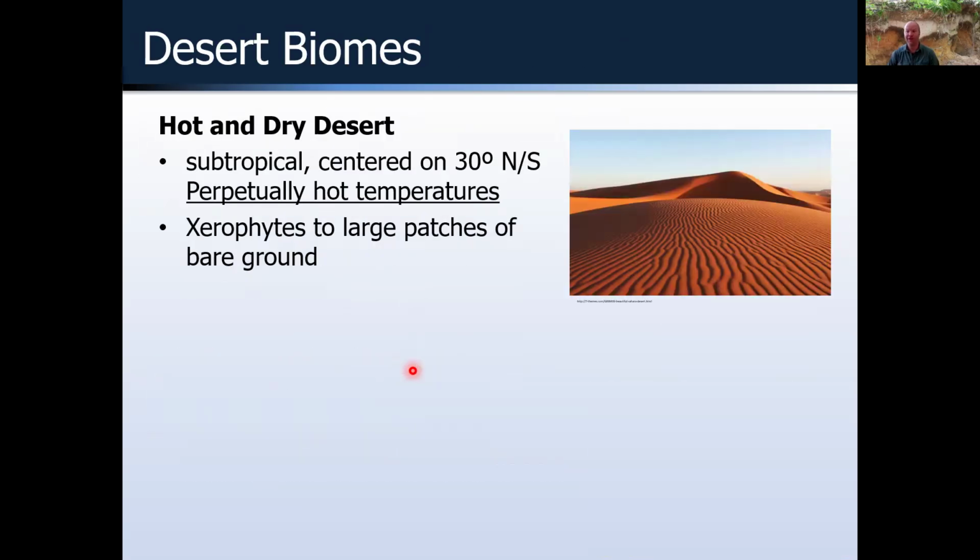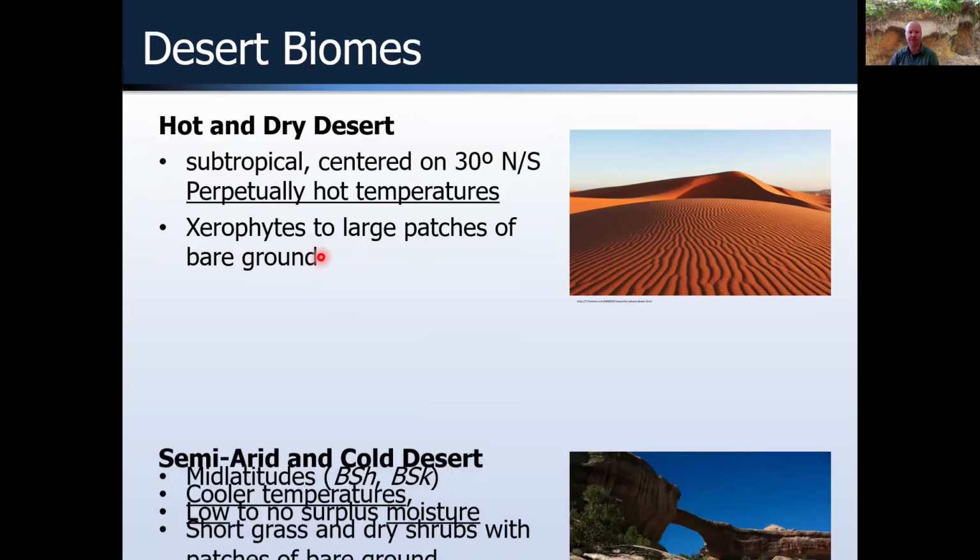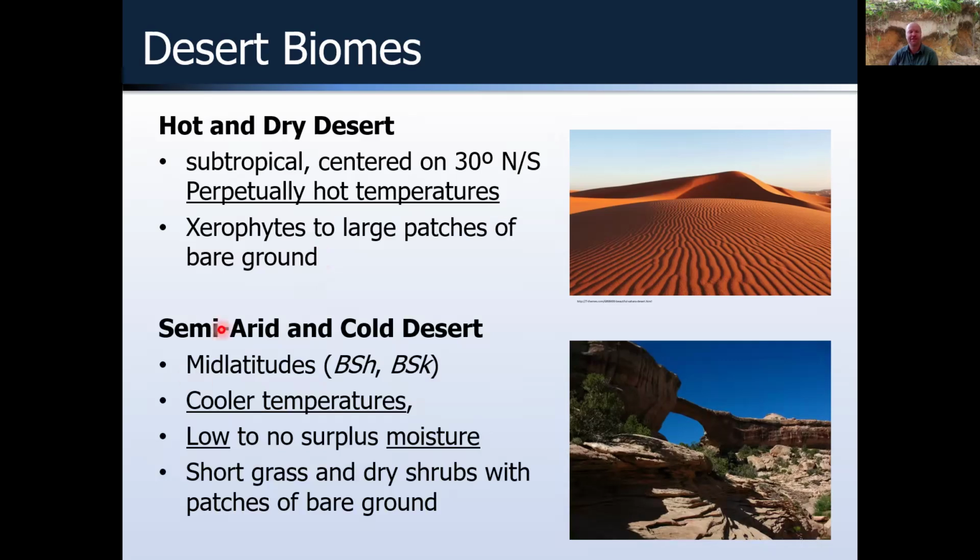plant growth. Whereas somewhere like a hot and dry desert has very little vegetation, and they have these unique adaptations the vegetation does to conserve water for incredibly long periods of time because there's hardly any of it. And so hot and dry deserts have perpetually hot temperatures, and they have unique vegetation known as xerophytes.